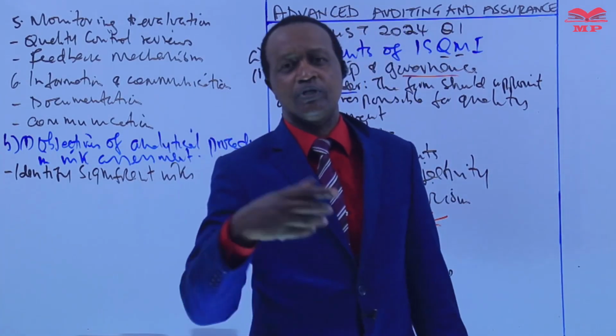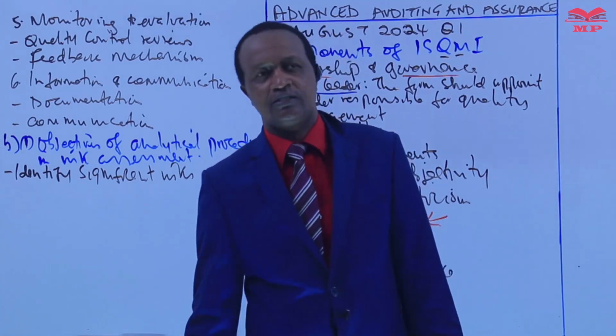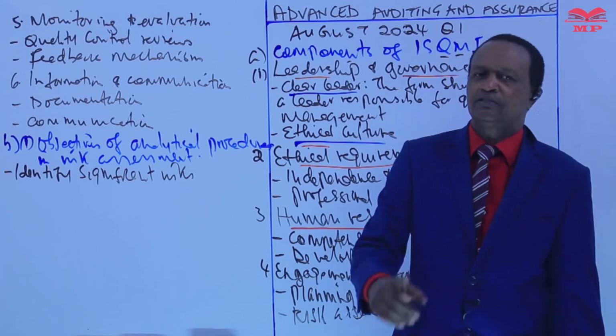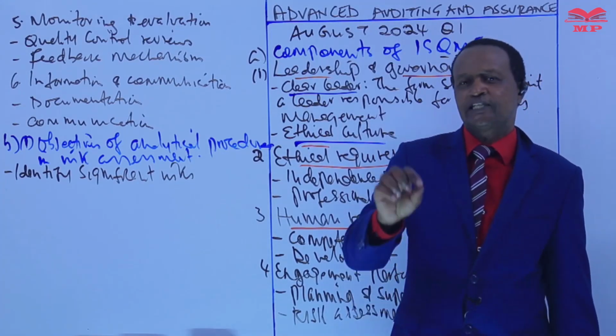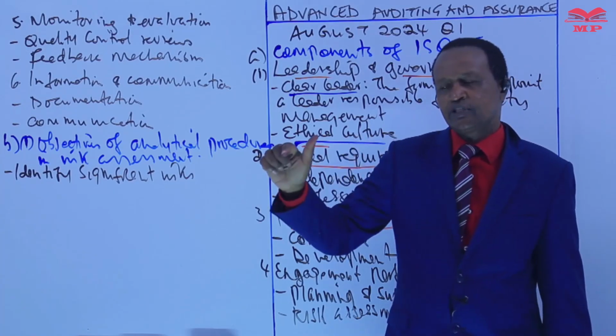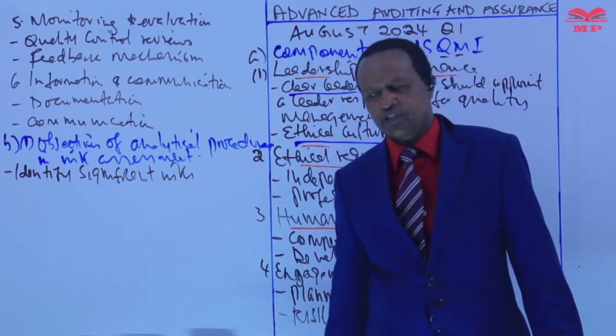Different ratios could be liquidity ratios or trend analysis or any other ratio. Okay? So analytical procedures can help auditors to identify significant risks that may affect the financial statements.